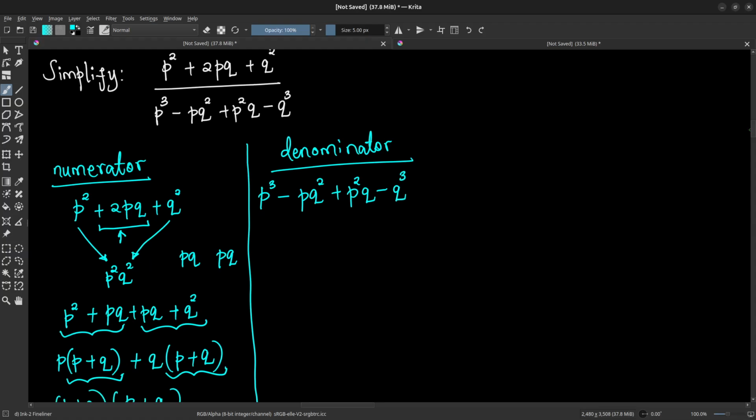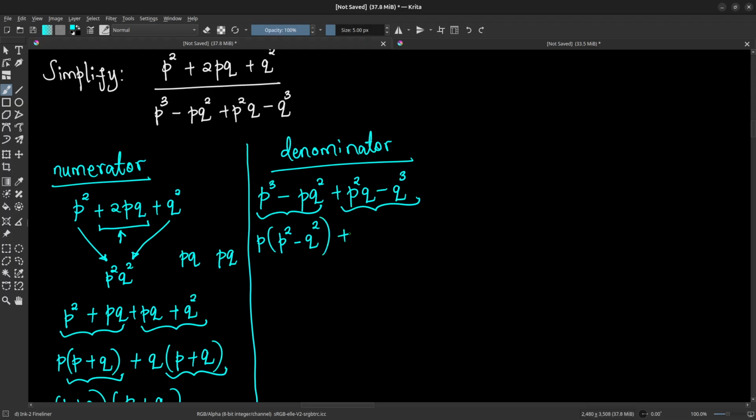Since these are four terms, let's take them in pairs already. So the first pair, and this is going to be the second pair. In the first pair, the common factor is p, so we factor it out. P cubed divided by p, we will be left with p squared, and then minus pq squared divided by p will leave us with minus q squared.